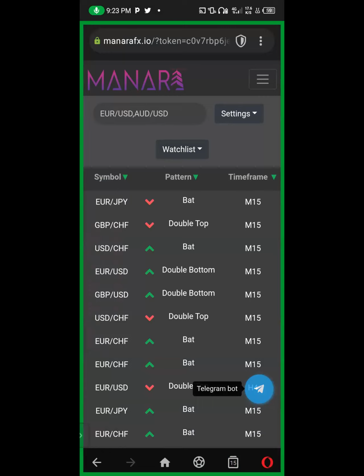quick profit from Manara? Now, the first thing is that I will classify this under two strategies. Yes, using two strategies, and those strategies are based on time frame. The first one is a short time frame.